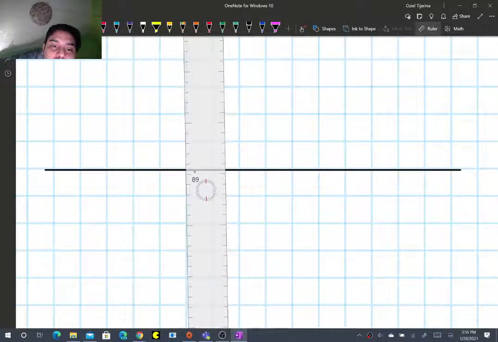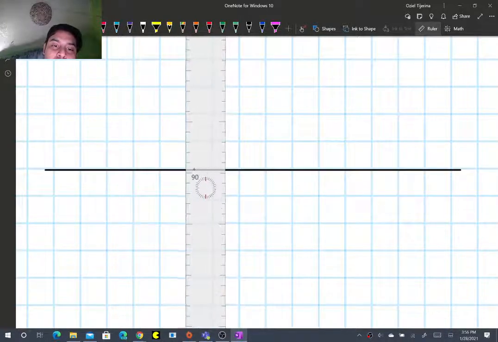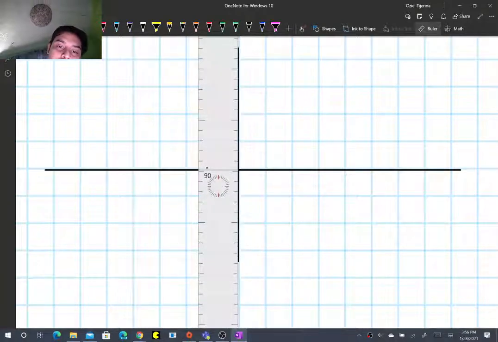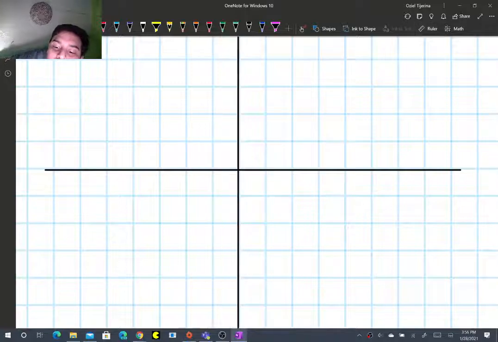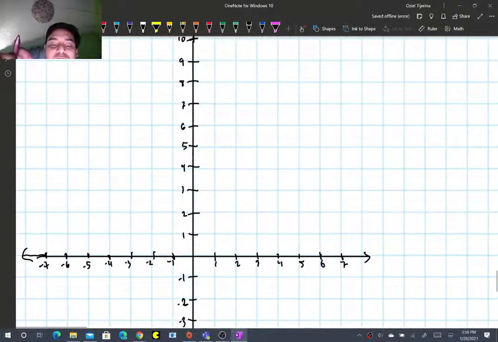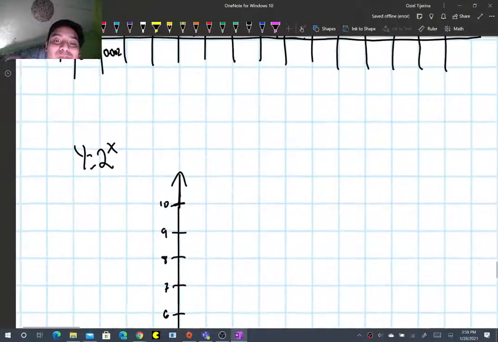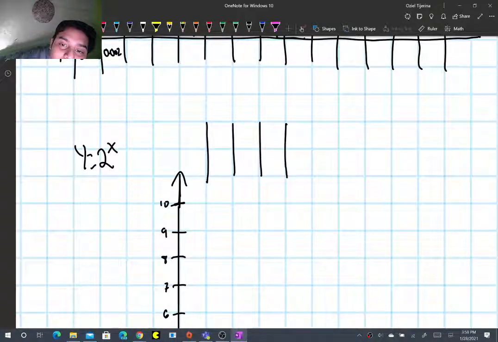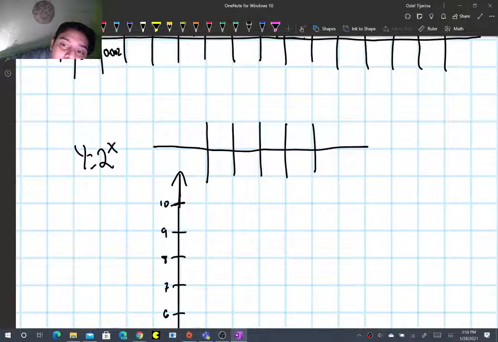So if we kind of do a graph here, okay, let's just say we want to know how to graph 2 to the x. The best way that I would do this, if I were you guys, is by making a table of values.